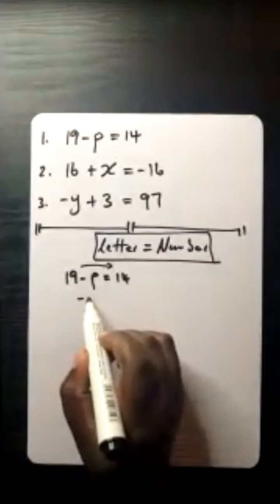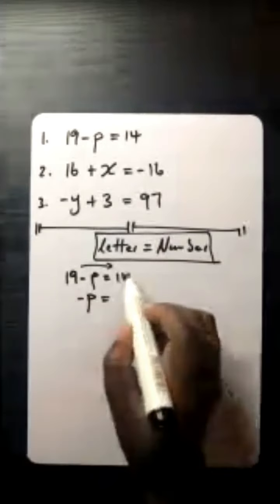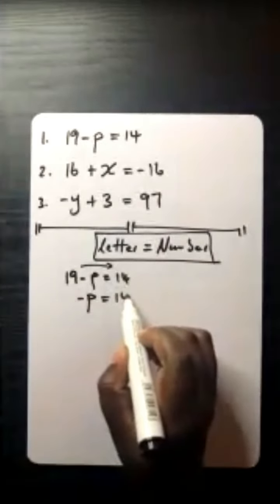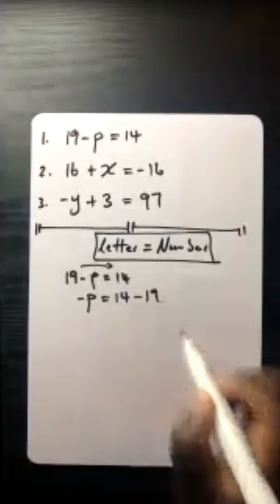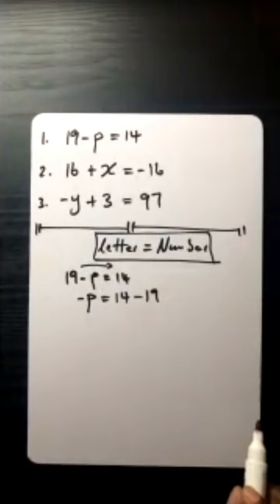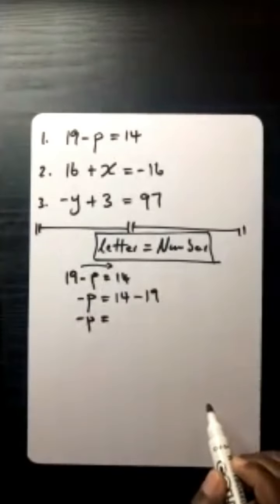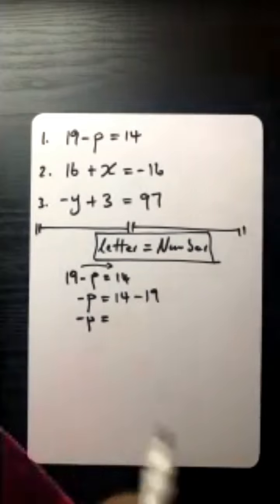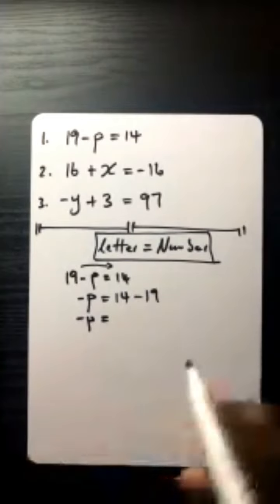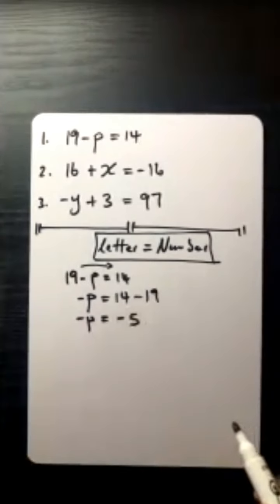Whatever remains, you write as it is. Then you transpose 19, it changes sign, it's negative 19. Then I've got negative P equals, let me quickly get my calculator. I'm sure with your head you are able to just give an answer. I think it's negative 5.